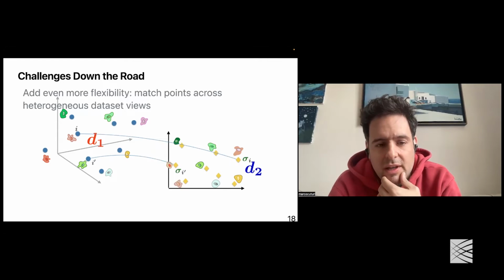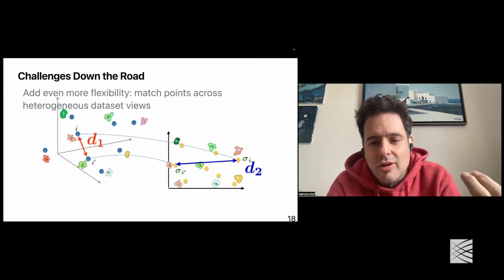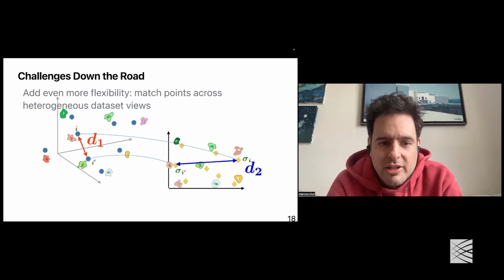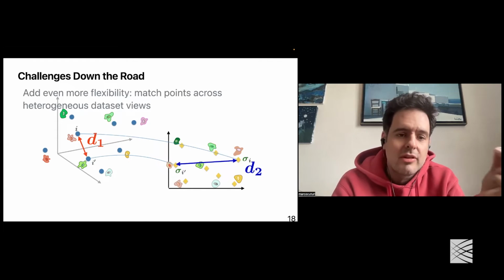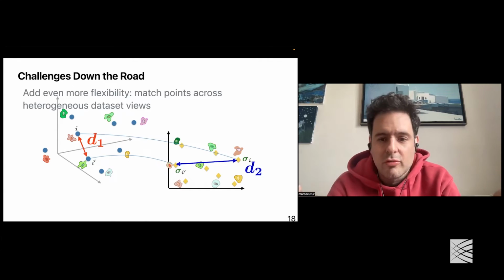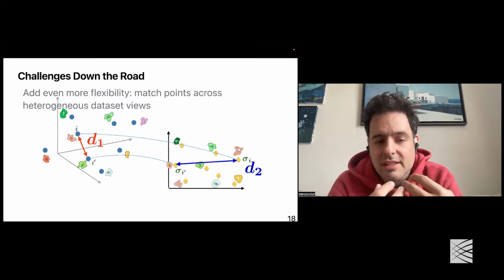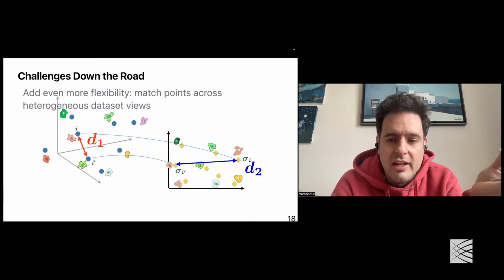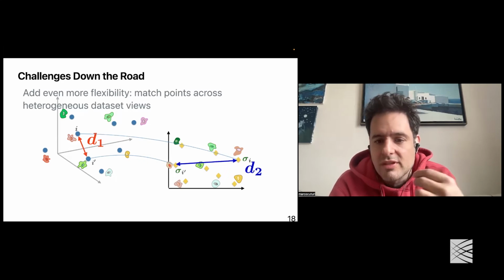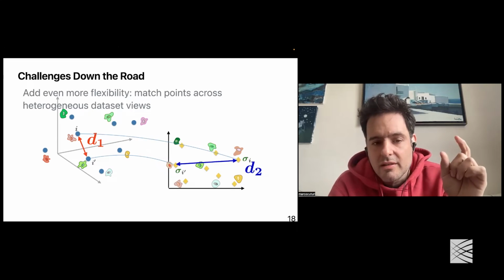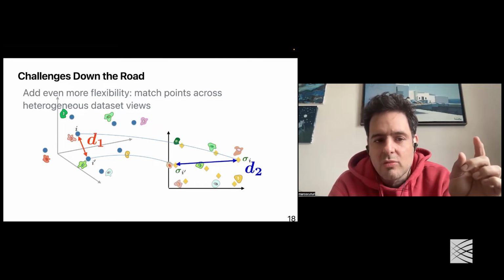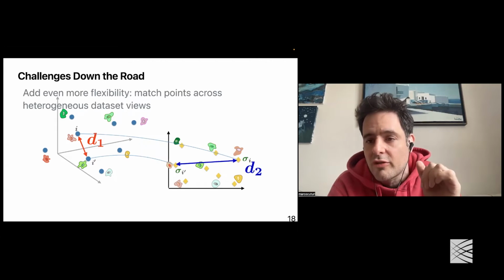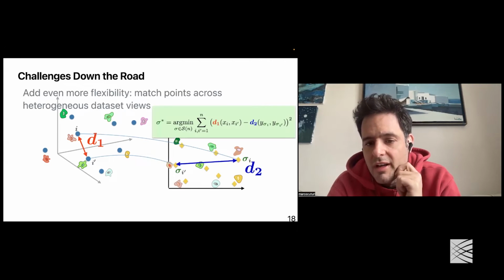in the second space, you can essentially try to score how good a matching is, not by, again, comparing a blue point to a yellow point, but instead saying that if you're matching I to, let's say, sigma I and I prime to sigma I prime, you expect the distance 1 between I and I prime to be not too far from distance 2 between sigma I and sigma I prime.